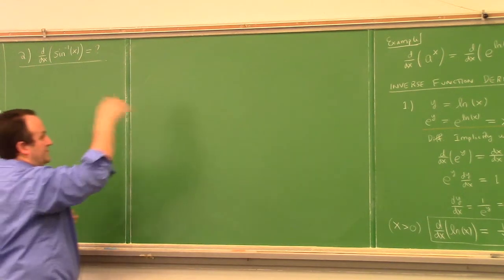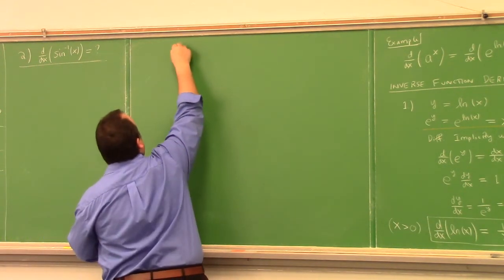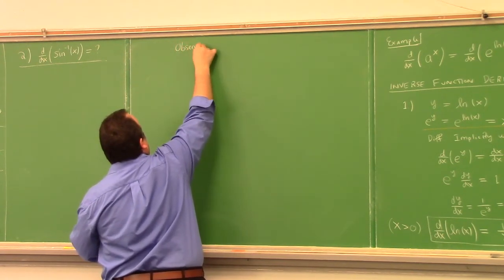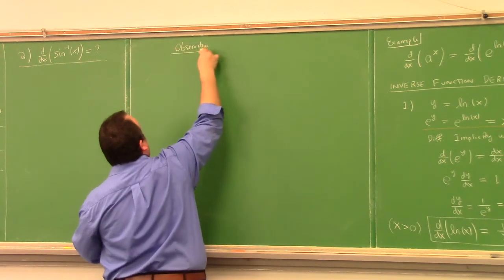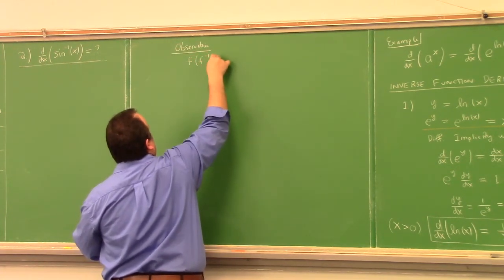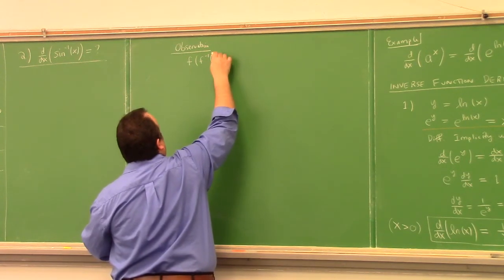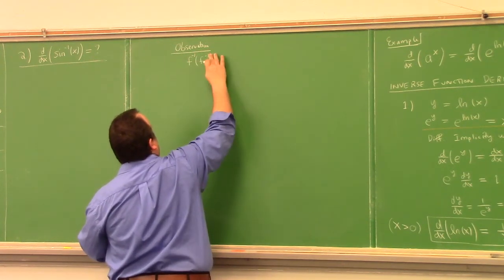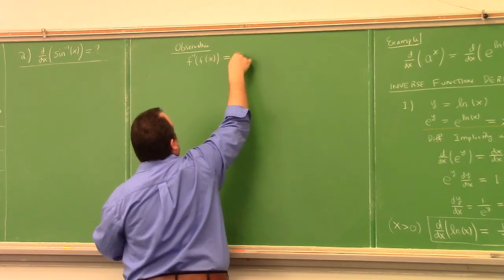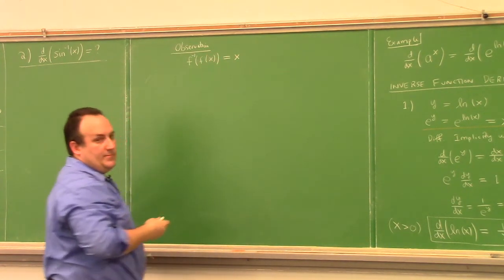So let me go over here. Side note, theorem. Well, it's not really a theorem. It's more of an observation. If we have f inverse of f of x, that's equal to x again, by definition of inverse function.